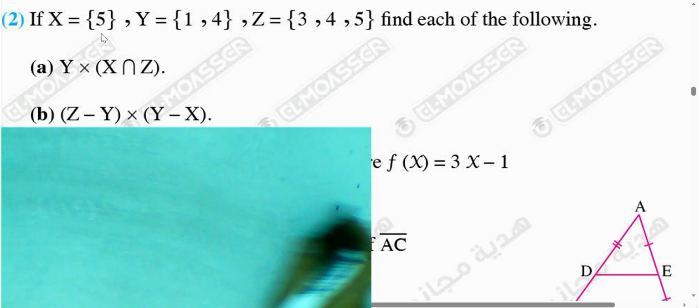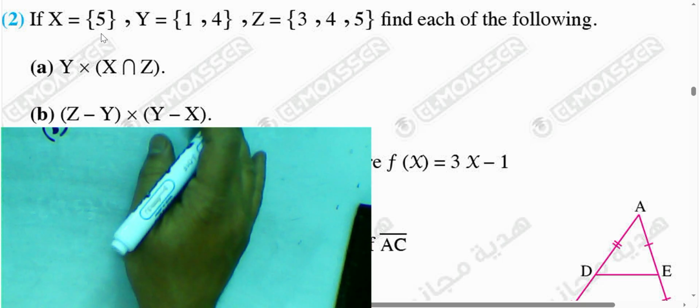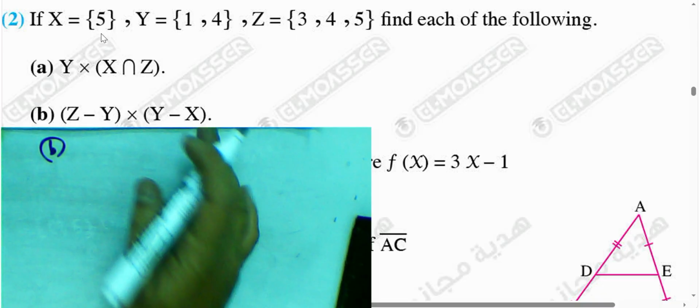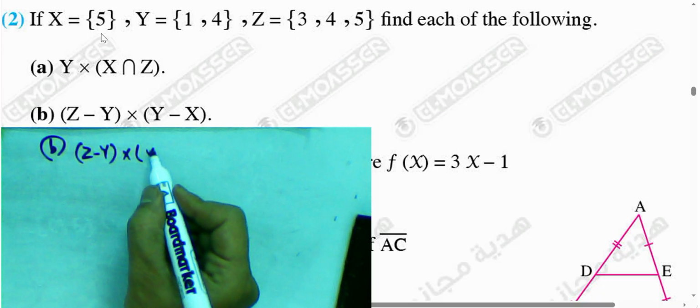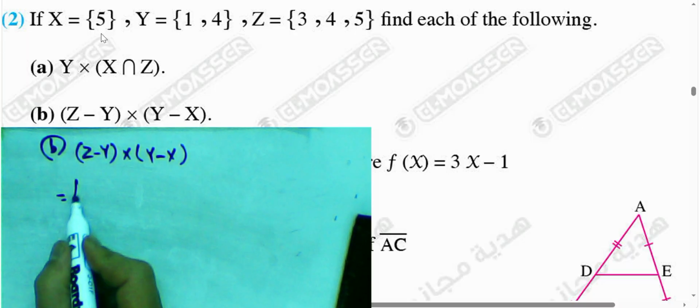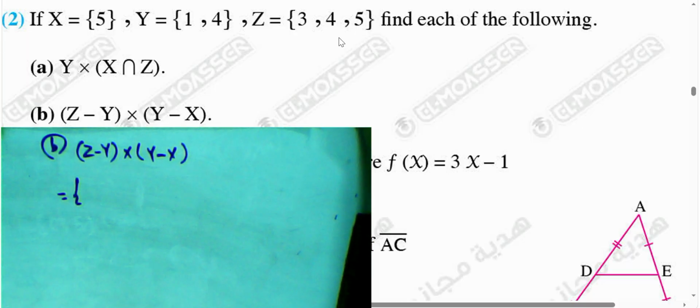Question letter B, he asked here: Z difference Y Cartesian product Y difference X. Look at here. What is the element in Z and not found in Y? We have 3, 5 because 4 belongs to Y. And the answer will be 3 and 5. You must write 3 and 5 here. Okay?